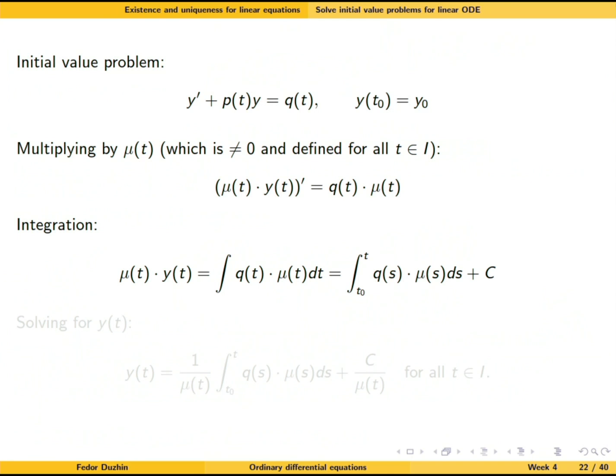And the antiderivative of the right-hand side can be obtained as follows. We take any specific antiderivative of the right-hand side and add a general constant. That's how integration works. The integration is always defined up to plus constant.